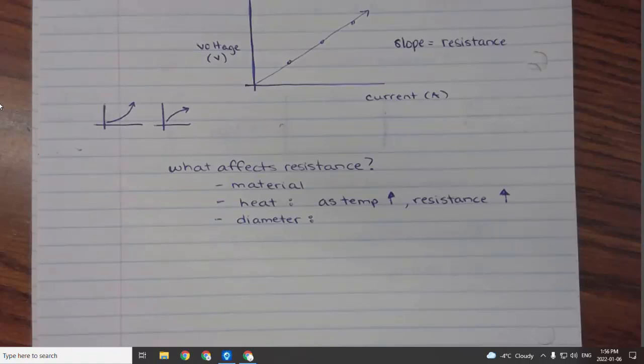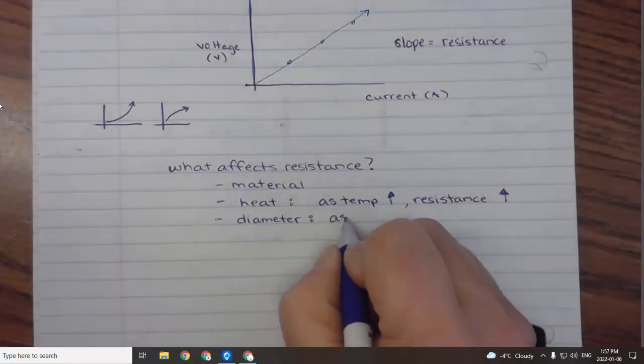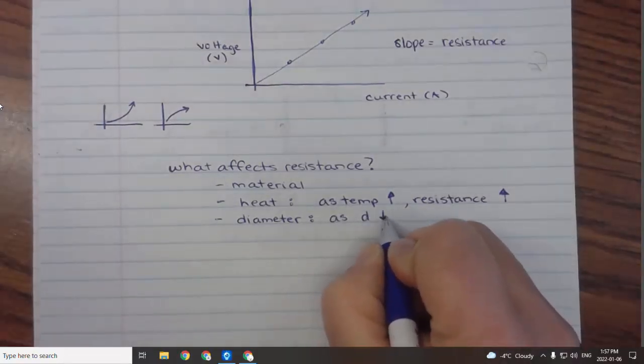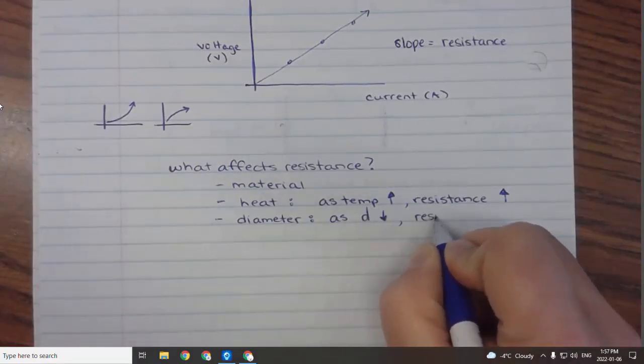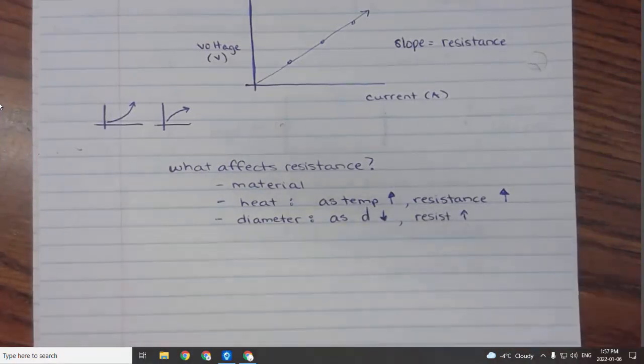But if we made the hallway half as wide as what it is now, and everybody was still in it, that would make it a lot harder for you to get through the hallway. So as the diameter goes down, as it gets smaller, then the resistance is going to go up.